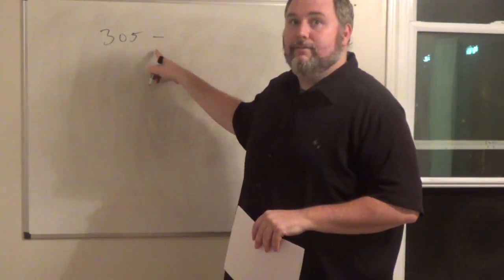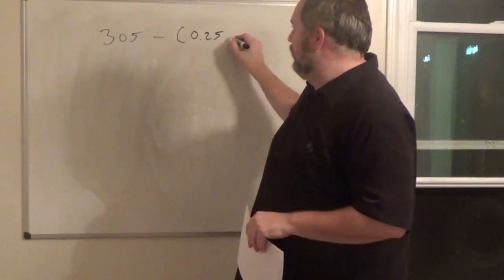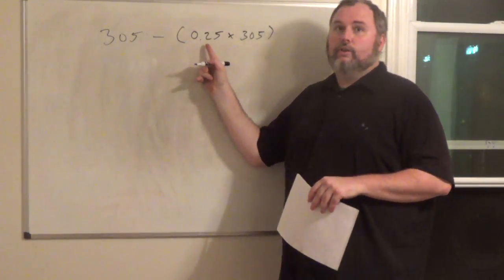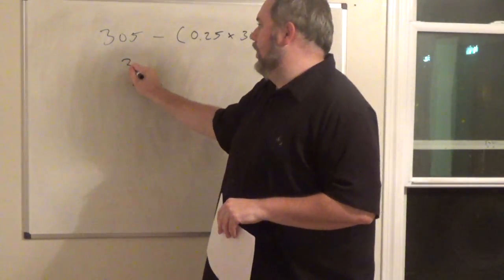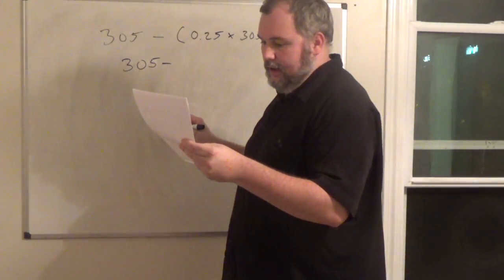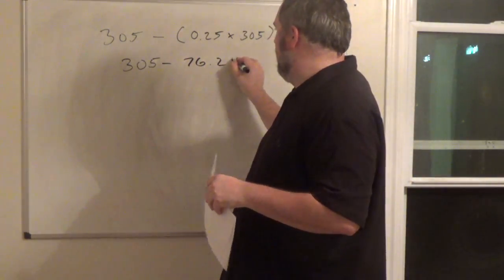It's 305 minus, well, I need to find out what 25% of 305 pounds is. So that's what I've done, 25% of 305. When I do, I'm going to get 305 minus, oops, looking at the wrong one, 76.25.